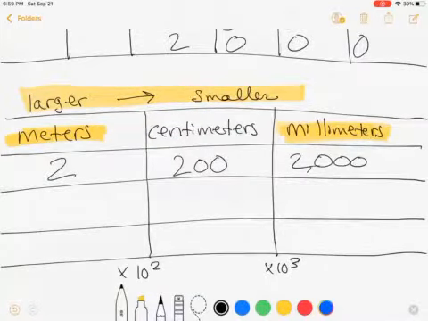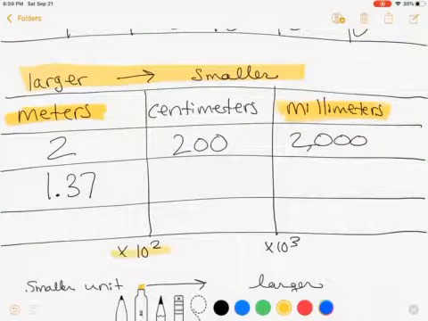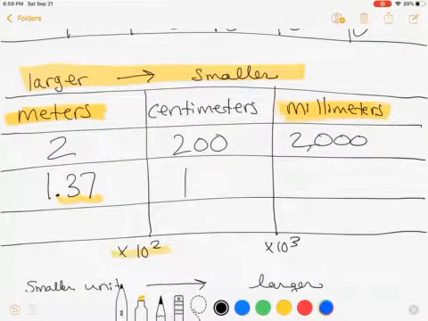Now let's try a little bit more difficult number because we're going to have our whole number and a fractional number. So 1 and 37 hundredths. Same rule applies. Multiply by 10 to the second power. So we're moving that decimal 2 places over. And 1 and 37 hundredths meters is 137 centimeters.